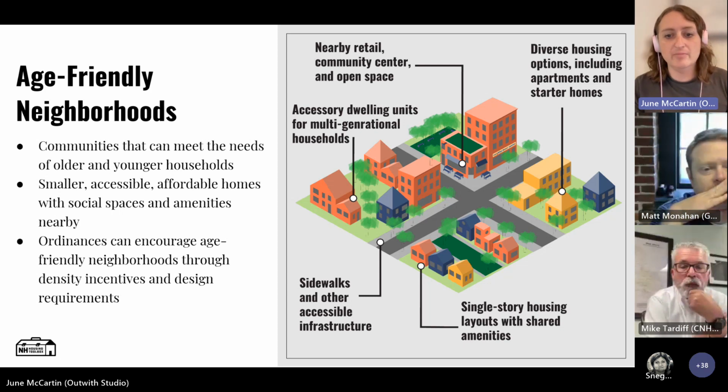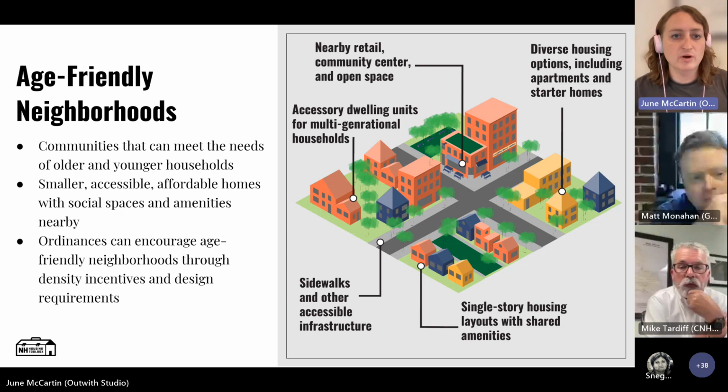And actually, there's a whole class of needs on both sides of the spectrum that are not met by a lot of conventional development. So, smaller, more affordable, accessible homes with universal design principles that can be, not only purchased, but maintained and used to their fullest potential by both younger and older people.